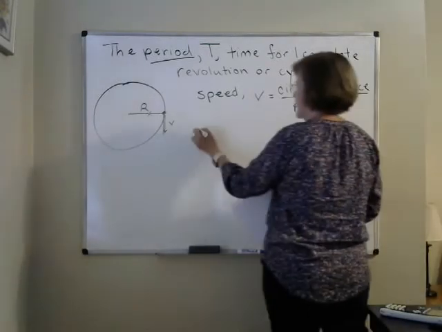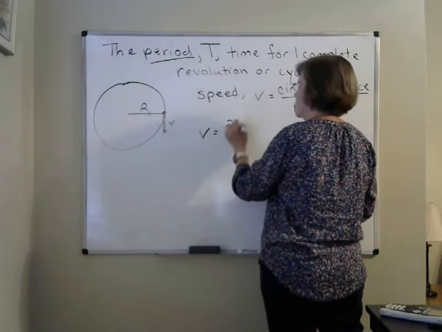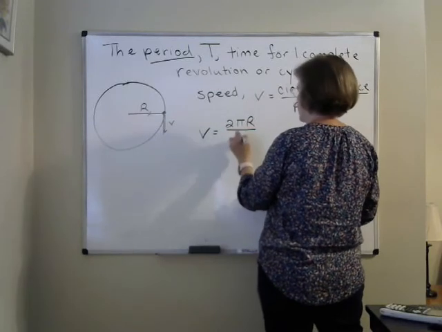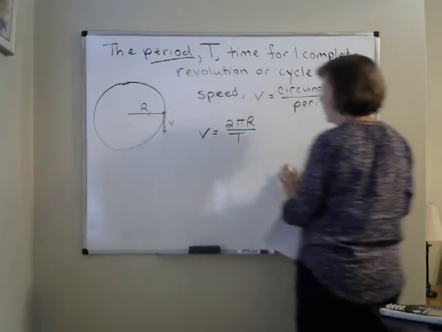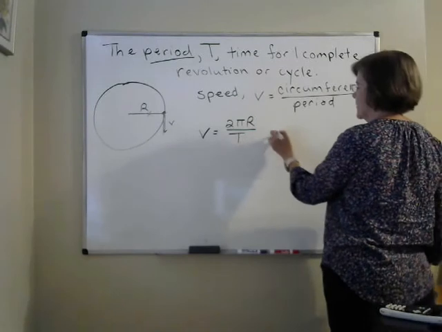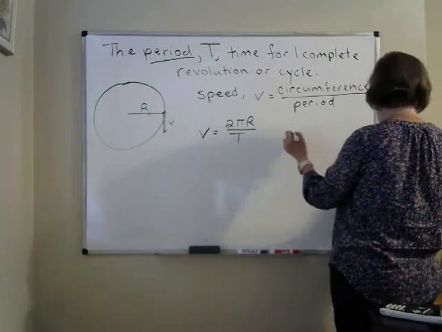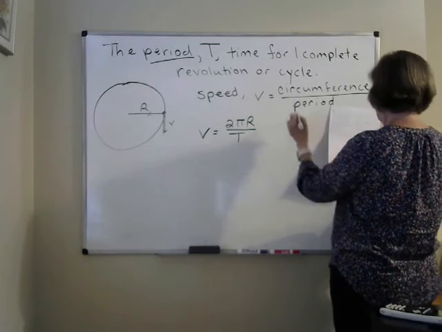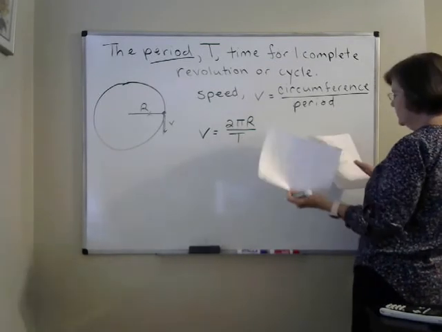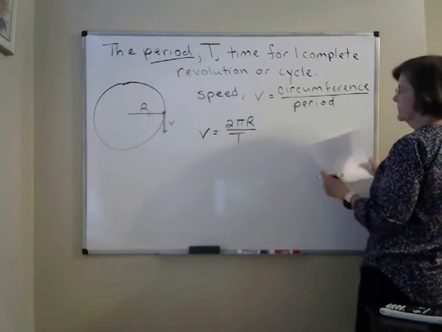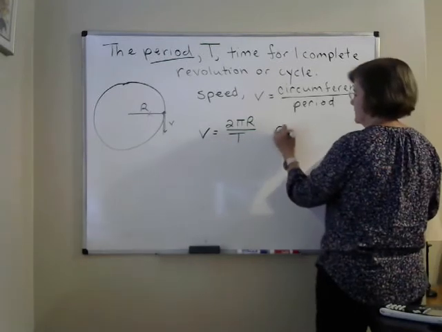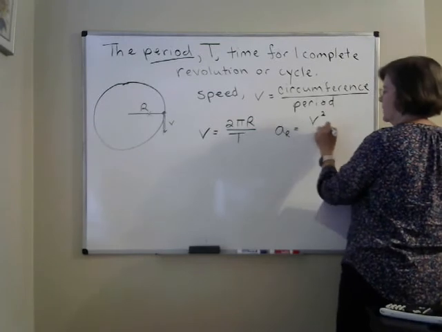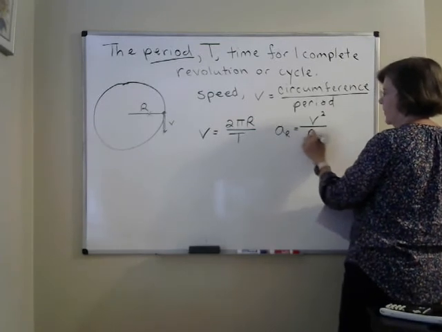Or the speed is equal to 2 pi r over T. We can substitute that in this formula. Remember, our formula says that our radial acceleration or our centripetal force, whichever we want to talk about, is v squared over r.